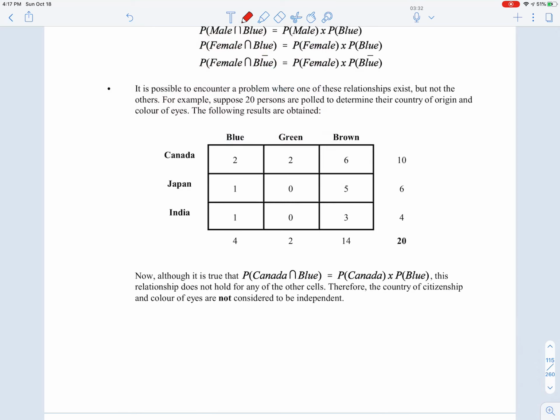And so here's where we've got a 3 by 3 matrix. And let's take a look at this first cell right here. What we've got here then is, if these are independent, then the probability of being Canadian and having blue eyes is equal to the probability of being Canadian times the probability of having blue eyes.